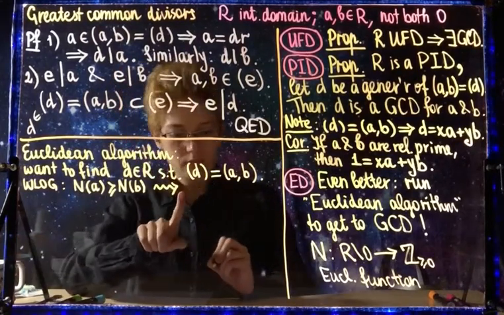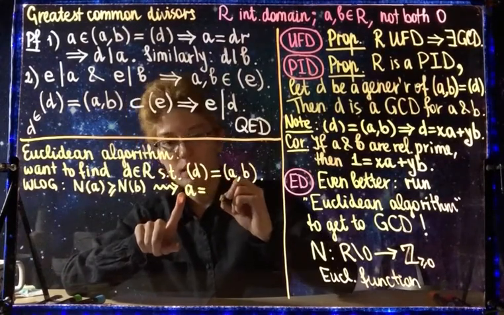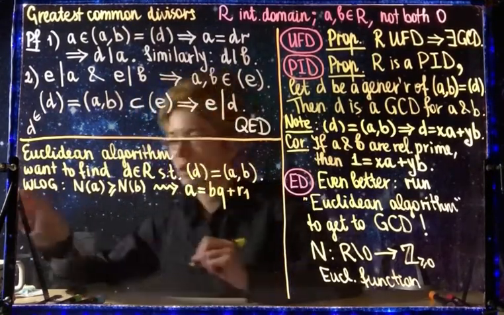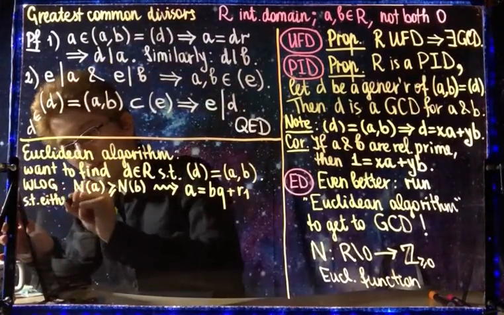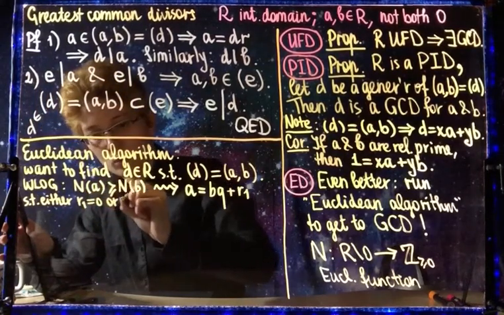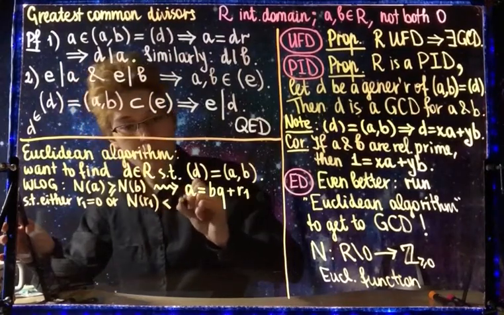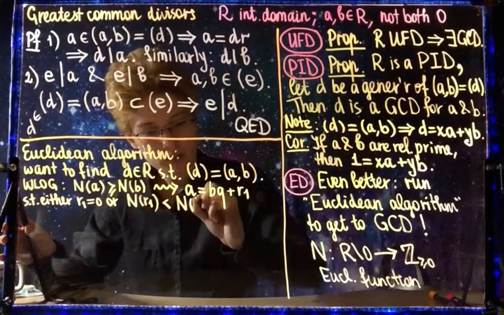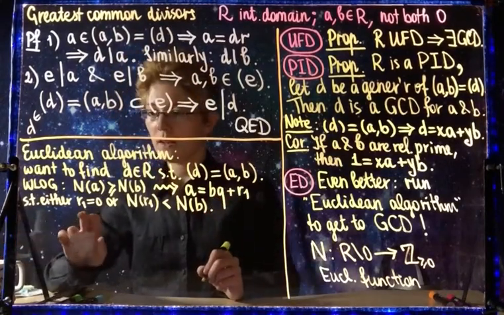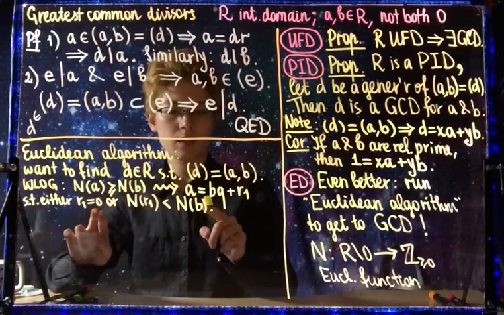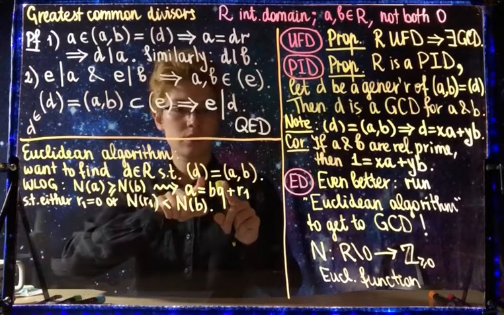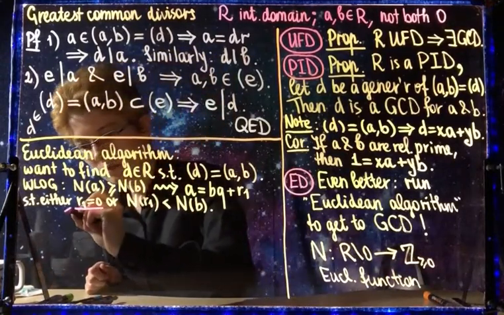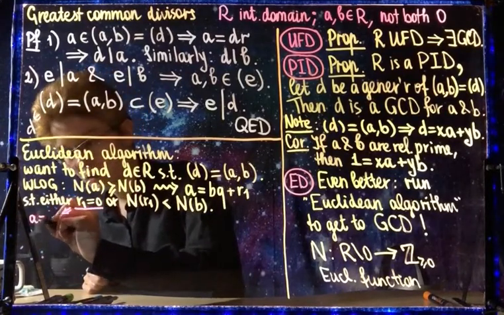Then we do division with remainder and get that A is equal to B times Q plus R1, such that either R1 is 0 or the norm of R1 is strictly smaller than the value of the Euclidean function n at B. If R1 is equal to 0, it means that B divides A, and in this case we get that D is equal to B. We get that A is equal to BQ.